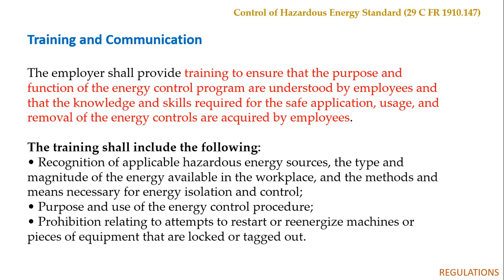Now, the third part of the training is the prohibition relating to any attempt to restart or re-energize the machine or piece of equipment that is locked out or tagged out. So first is the recognition of the hazardous energy, the next is the use of the energy control procedure, and the third is the prohibition relating to attempts to restart or re-energize machines that are locked out or tagged out.